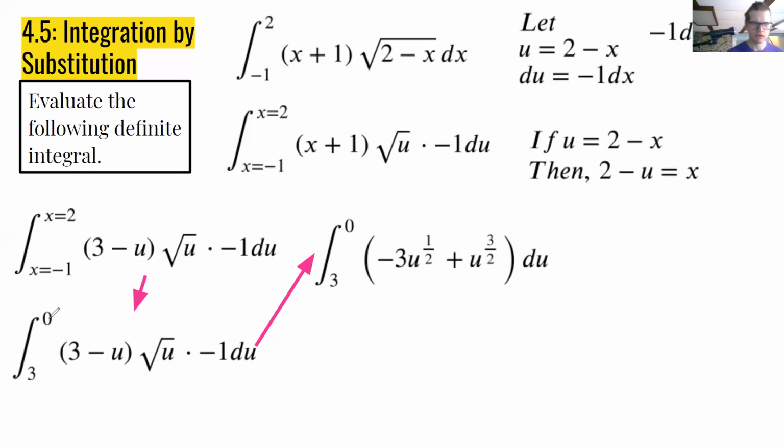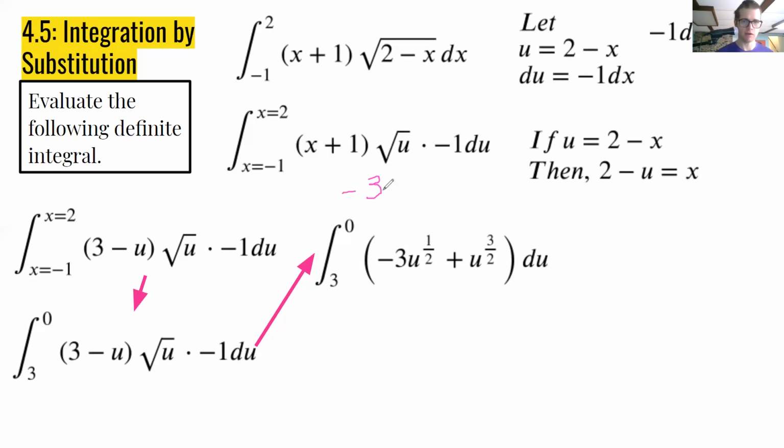To get here, the first thing I did is distribute negative square root of U to both of these terms.